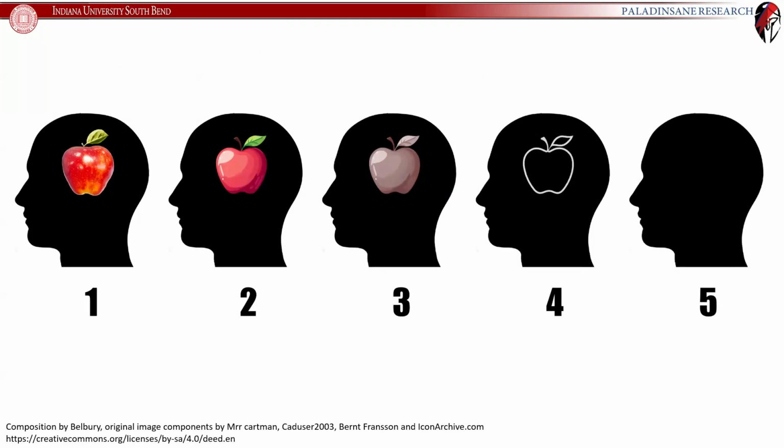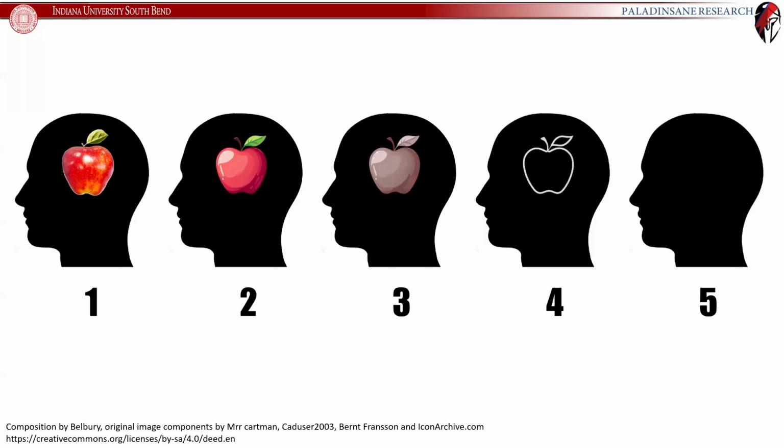So there are people going around with cognition that can do cognition, but just can't visualize. If you ask a typical individual, imagine an apple in your mind, they'll have an internal experience that looks more like condition 1 over there. If you ask somebody with severe aphantasia to imagine an apple in their mind, they'll have the experience of condition 5 over there.